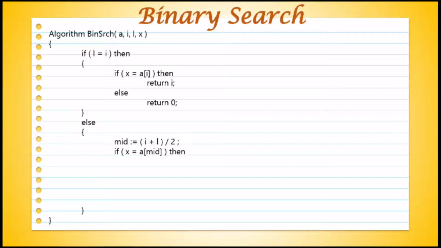So if this condition is true, means what? The searching element is present in the list. So you will return the position of mid. That means the element is present at the middle position.